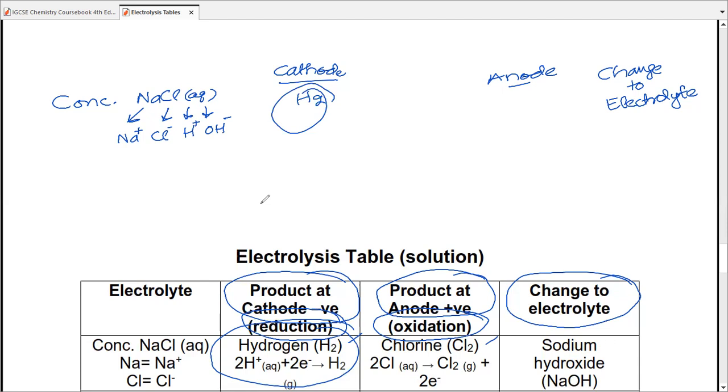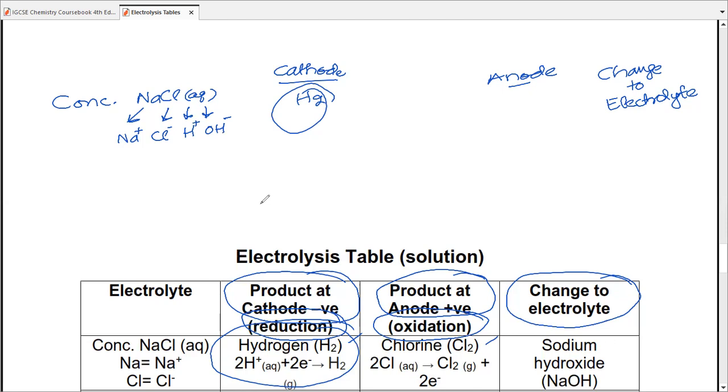The tip said if the solution is concentrated and if the salt consists of either Cl or Br or I, which means chlorine, bromine, or iodine, the respective element is going to form at anode. And it's exactly according to the tip.